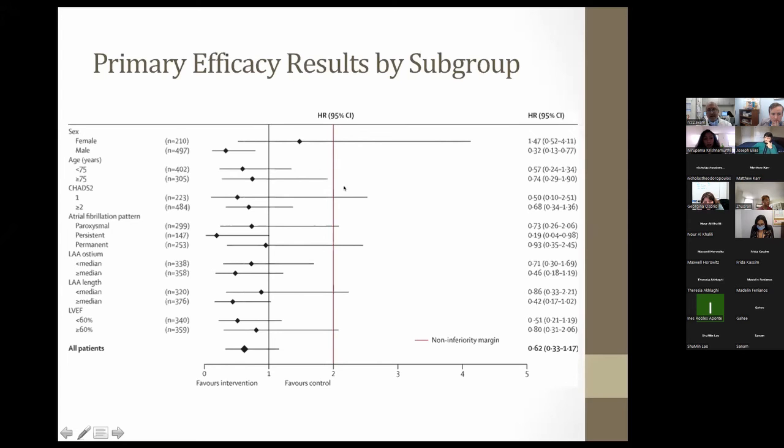So you can see a lot of inconclusive data from different subgroups, such as a CHADS2 score of 1, or EF of greater than 60%. So there's a lot of variation among the subgroup analysis. That's really what this forest plot is suggesting. Although your final conclusion says that the intervention is non-inferior to the control, you see a lot of variation.